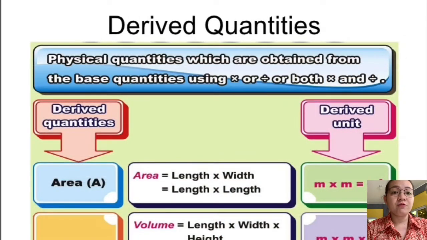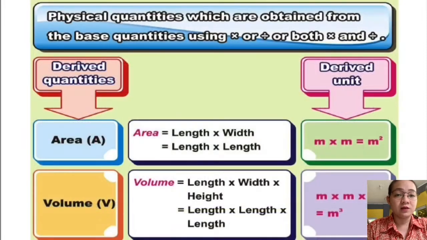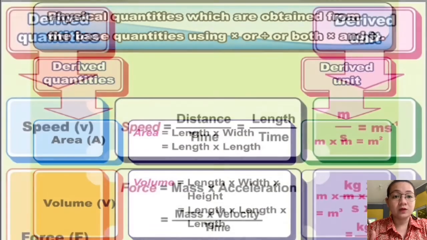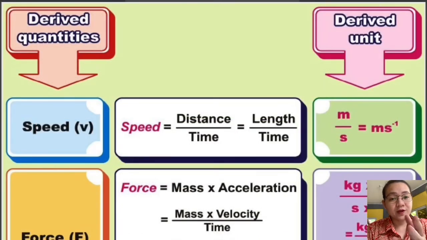When we say derived quantity, again, these are physical quantities obtained from the base quantities using multiplication or division or both. So derived quantities are a combination of one or two or more base quantity units. For example, the derived quantity for speed is equal to distance over time.